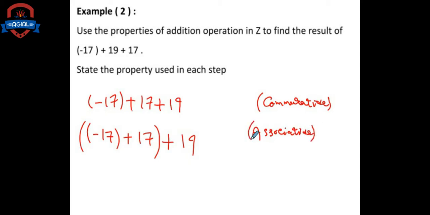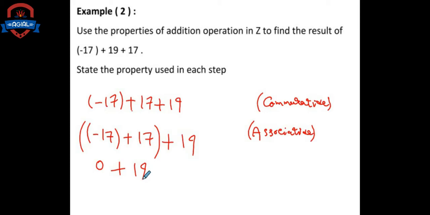After that, the third step, we have negative 17 plus 17 all in parentheses. So we will make the operation of addition. Negative 17 plus 17 equals 0, plus 19. So negative 17 plus 17 equals 0.